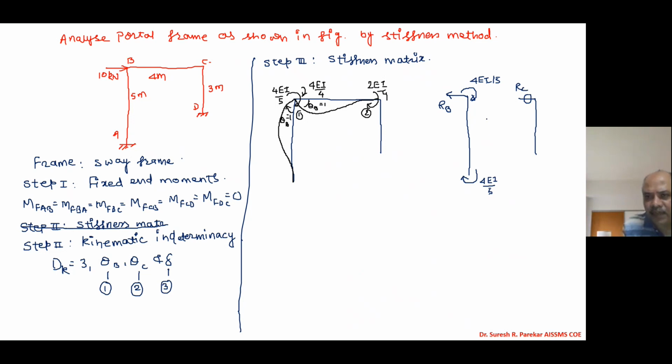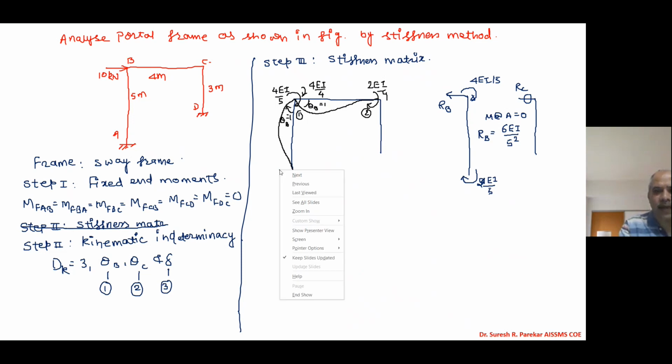Now RB we can find by taking moment about A equal to 0. From this we will get RB equal to, sorry, this is 2 EI by 5 half, and therefore we will get 6 EI upon 5 square.